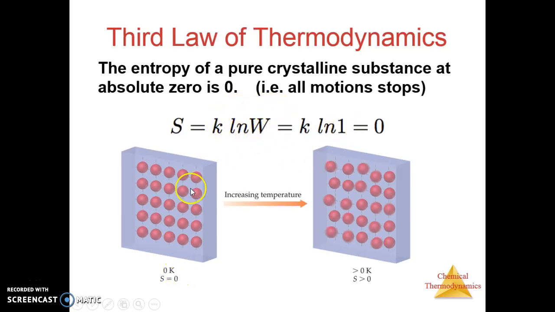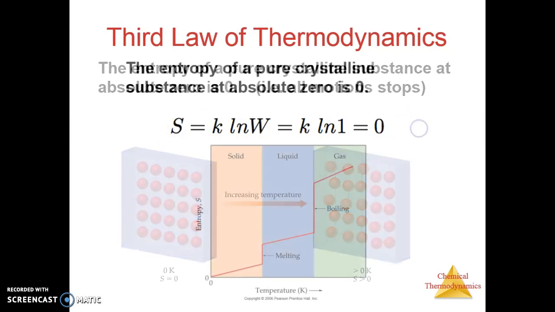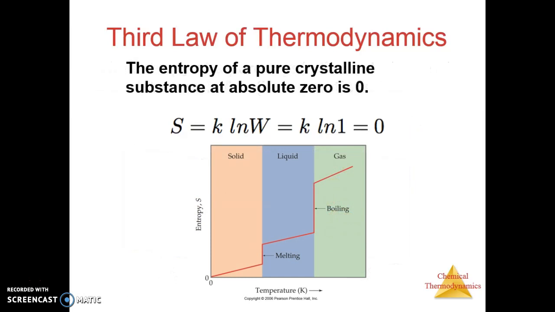Well, at 0 degrees, everything's stuck in one position. There is only one snapshot you can take, so the natural log of 1 winds up being 0, and so the entropy overall winds up being 0. The entropy of a pure crystalline solid, again, is 0 at absolute zero.